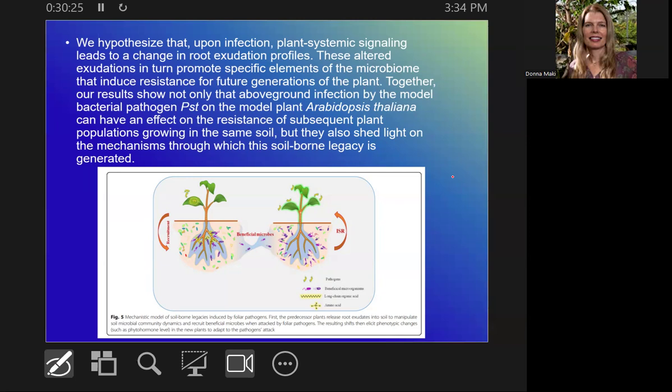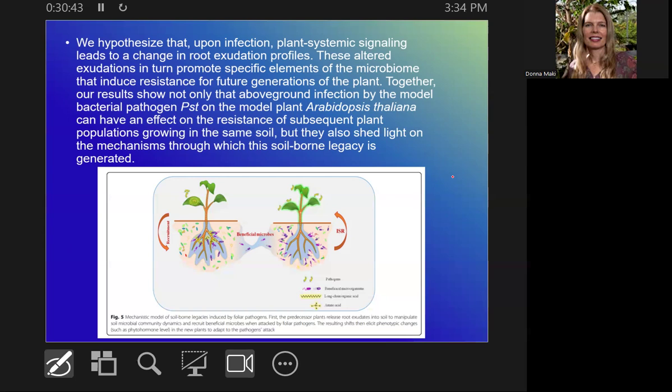So really nice study showing that you can have above ground interactions going on that can profoundly influence what's going on in the soil and shifting the microbiome there. Different microbes are showing up to then help the plant defend itself against this particular Pseudomonas pathogen.